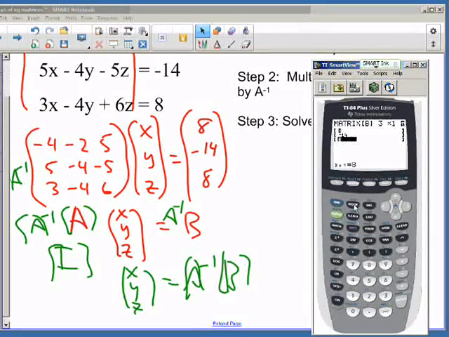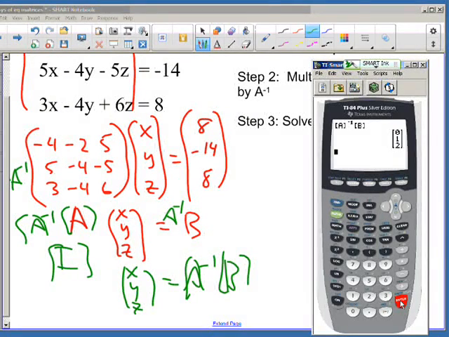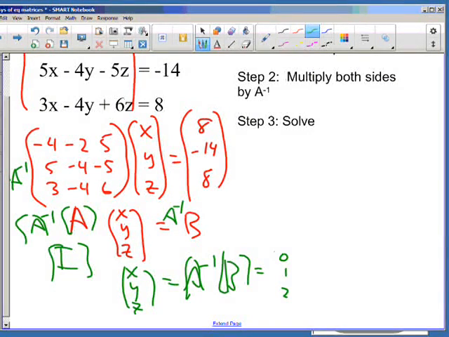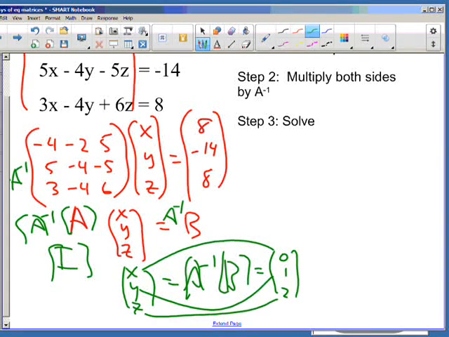All right, now that we're set up in the calculator, we just do matrix A inverse, so 1, and then inverse it, matrix B. Hit enter, we get 0, 1, 2. That tells us that x is 0, y is 1, and z is 2.